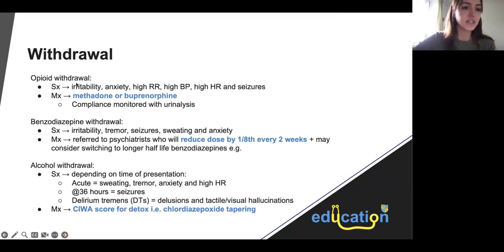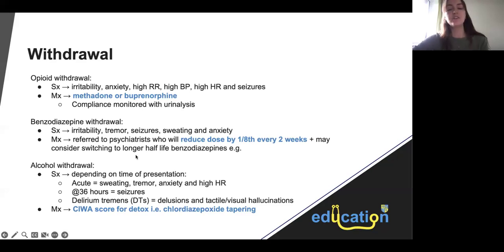Yeah, so as I mentioned, with opioid withdrawal, the acute management is naloxone, but the long-term management is methadone or buprenorphine, and these patients are quite closely monitored in clinics to check their compliance with the methadone. In terms of other substance misuse, benzos are also common and can present similarly.